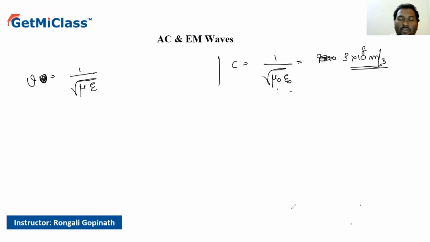The next concept that we have is energy density. Since we have electric field and magnetic field, obviously they carry some energy. We are going to discuss the energy density of this. So energy density associated with electric field is half epsilon naught E square. This we have learned earlier.